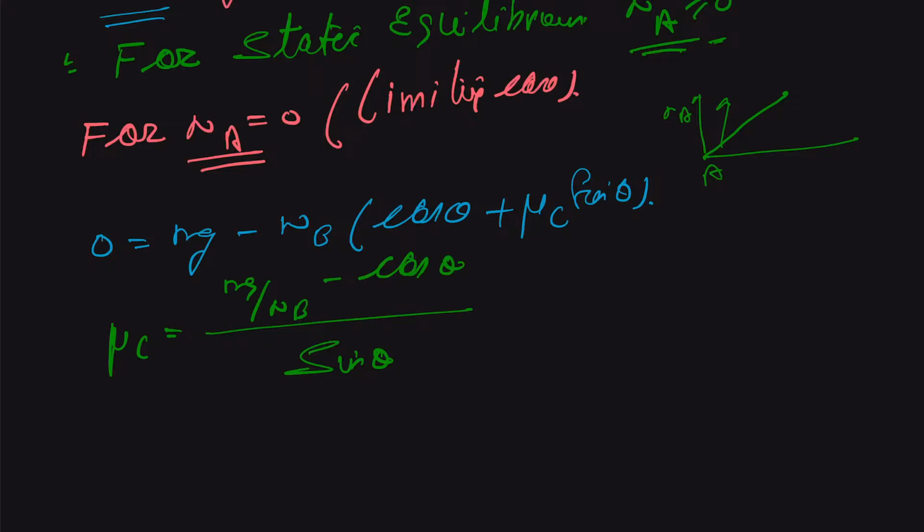And we already know that our N of B is mgL cos theta over twice S of B.